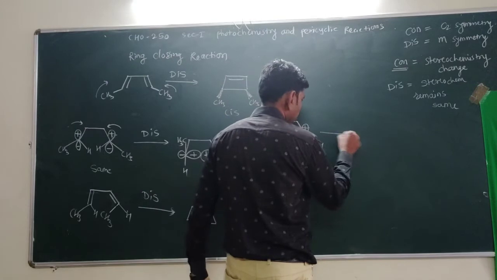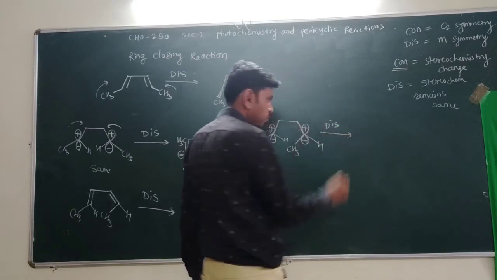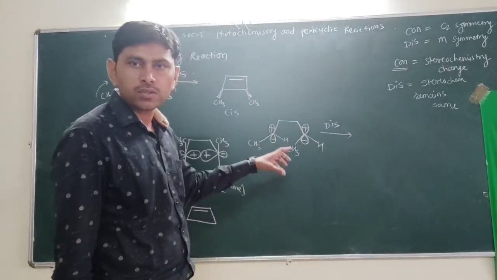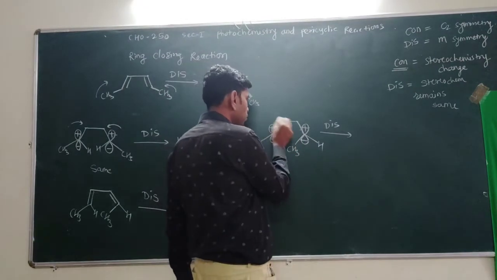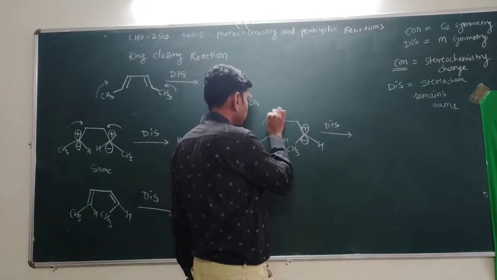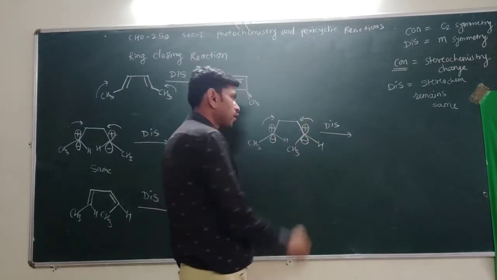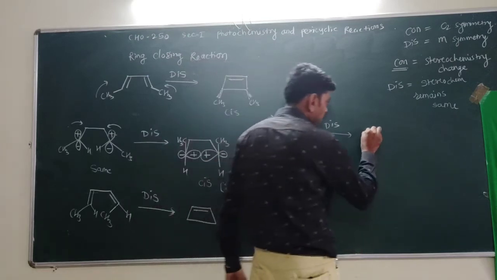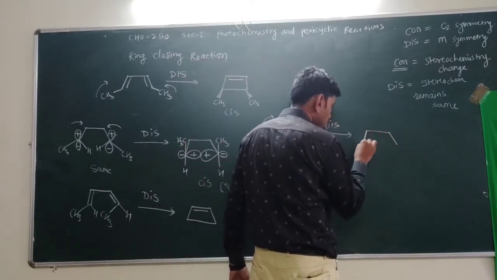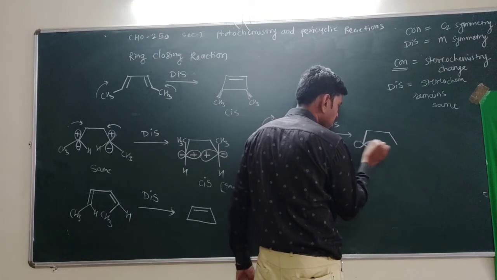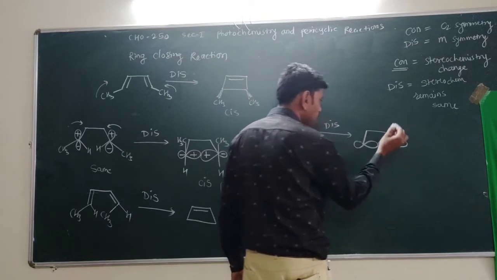Now here we have to apply this rotatory motion for these orbitals. When we apply it, one rotates clockwise, another anti-clockwise, then it results in bonding overlap.